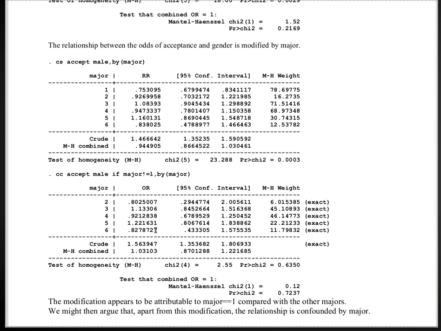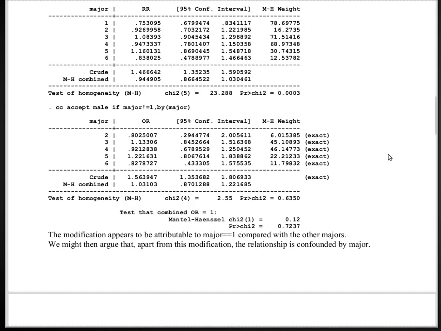Okay, if we were comfortable with this approach, what would we say here? Excluding major number 1, we might then argue for an assessment of confounding. This is something that hasn't come up before, I don't think. But we can see that for a portion of the strata, we can explore confounding. Then we could say that for this particular collection of students, excluding major number 1, we have in fact an indication of confounding.